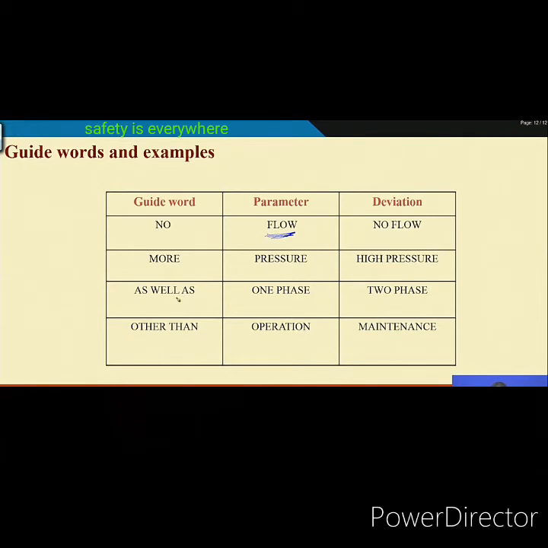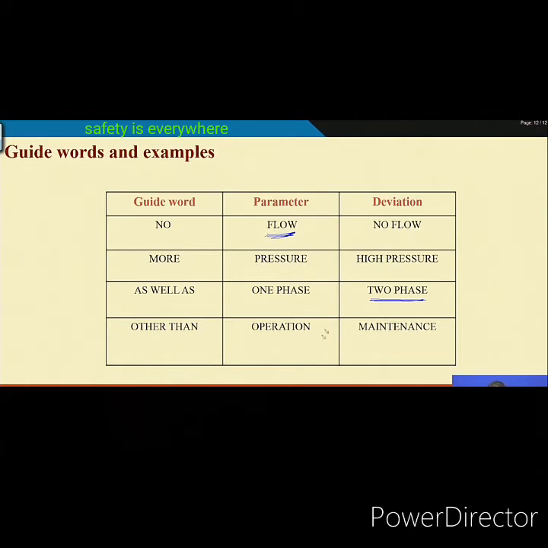But when you talk about as well as, which is qualitative increase, it is basically that if the parameter is one phase, then as well as means you are deviating with a qualitative increase, that is two phase, not one phase. Similarly, there is another guide word, other than.